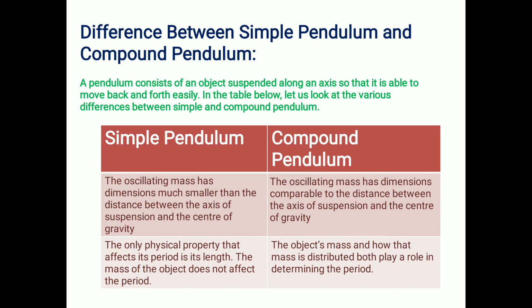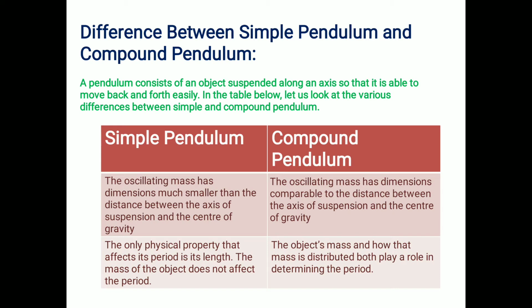So there are two types of pendulum, that is simple pendulum and compound pendulum. Here we will see what is the difference between simple pendulum and compound pendulum. I have mentioned two major differences. So let us see what these two major differences are.